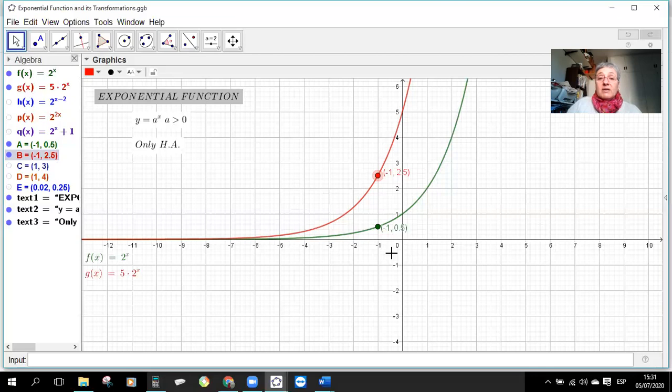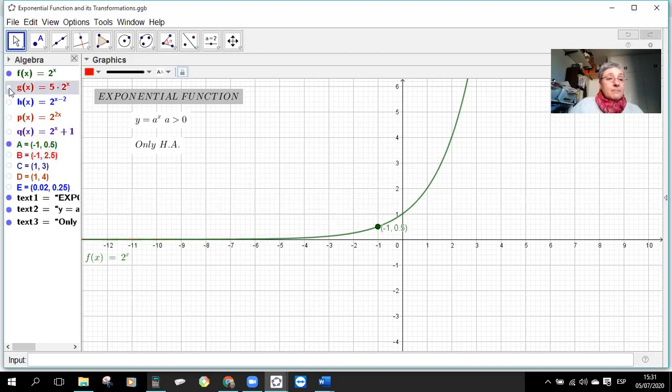So as you can see, if you cut both functions with vertical lines, the difference in the y-coordinates of those points is going to be obtained by multiplying the original one by 5. Okay, let's see finally what happens with the horizontal stretch.